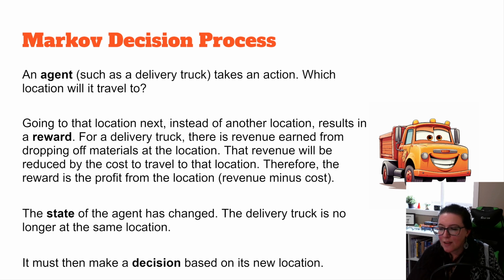For the delivery truck, there is revenue earned from dropping off materials at a location, and so we have a profit maximization problem where we're trying to make the most money we can by finding the route that allows for the most deliveries. We might also have a cost minimization problem where we're looking at the extra cost of having to go back and forth if it's not an efficient route.